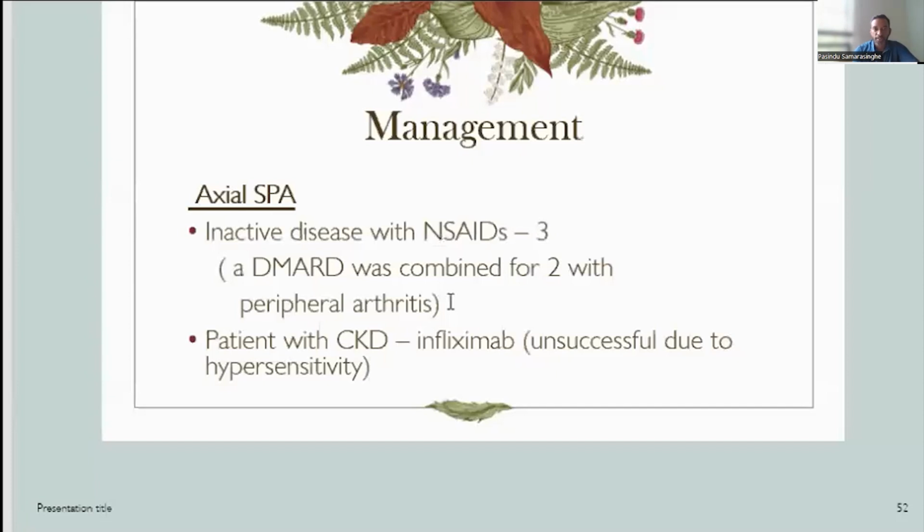So how did we manage these patients? 3 patients we could manage with NSAIDs. So that's very good, with simple NSAIDs we could manage them. And we had to give DMARDs for patients who had peripheral arthritis. 1 patient had chronic kidney disease, so we gave him infliximab, as we cannot give NSAIDs, but again he developed hypersensitivity to that.